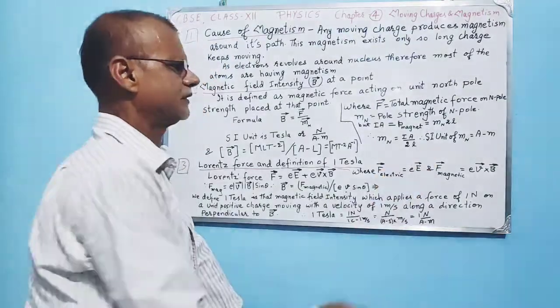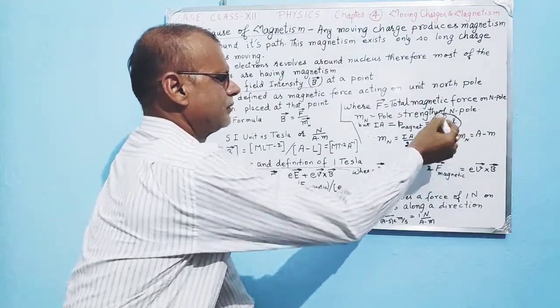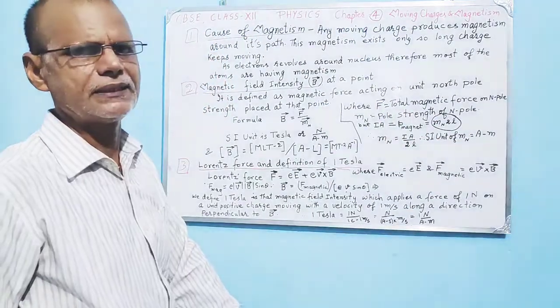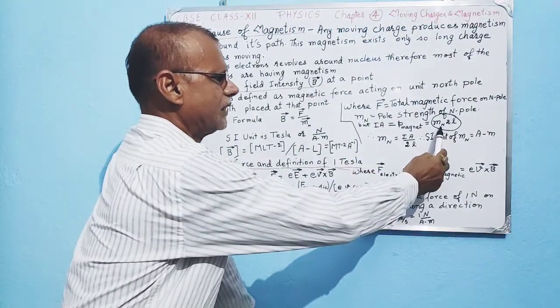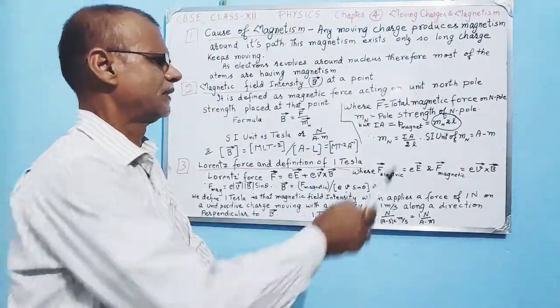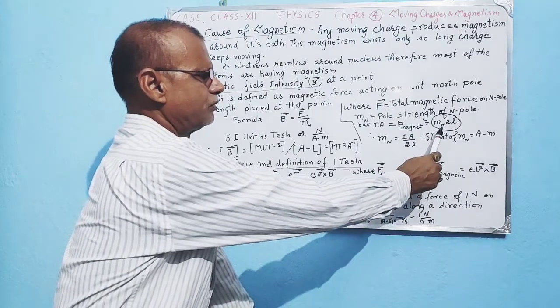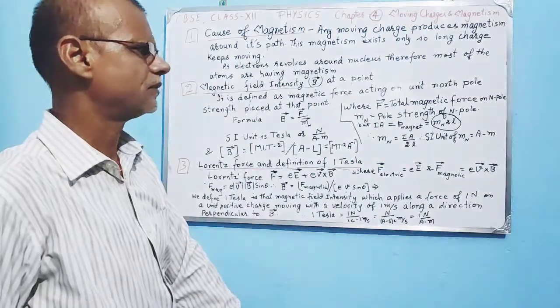This definition is similar to the definition for electric dipole, in which we define electric dipole moment P is equal to charge into length of the dipole. Here we are talking about magnetic dipole moment equal to pole strength into length of the dipole.